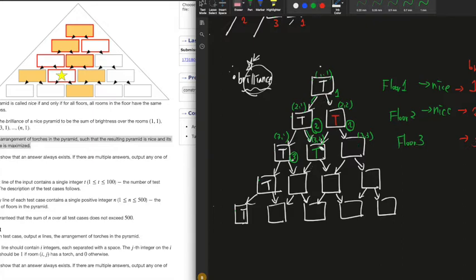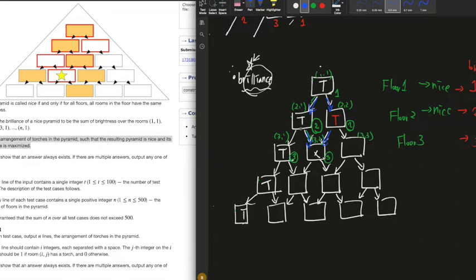Oh no, because we have 2 staircases for every room, I don't need to put any torch. Then I'll have 3 as brightness because of staircases like this for 3,2.